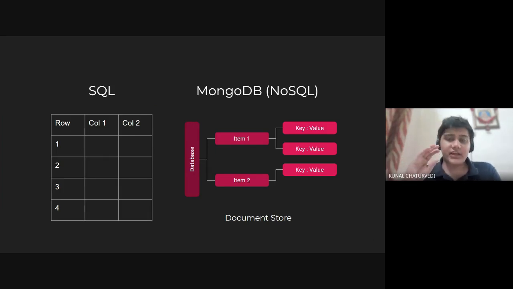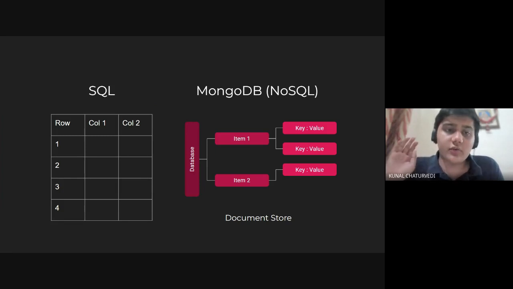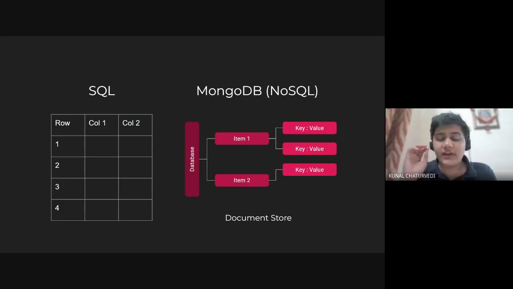Now, this is where the flexibility of MongoDB or a NoSQL database comes in. In SQL, as you would see, for example for row number 2, you cannot cut out column number 1 and throw it away. You can never do that in SQL. It will always remain inside of the table, and you have no option to change that. There has to be some information stored for that particular column.